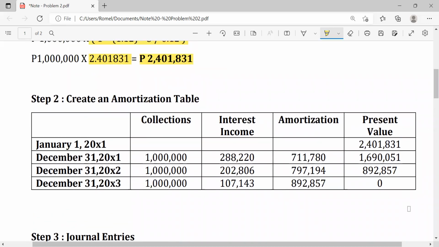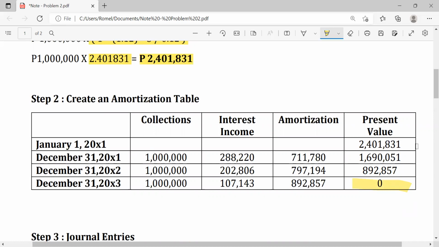Okay. If it is an installment collection of the principal, what do we expect? We expect that at the end of the period or at the due date of the note, the present value is already 0.